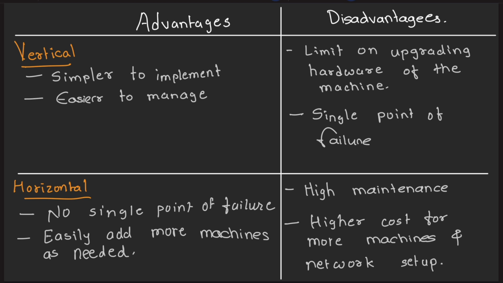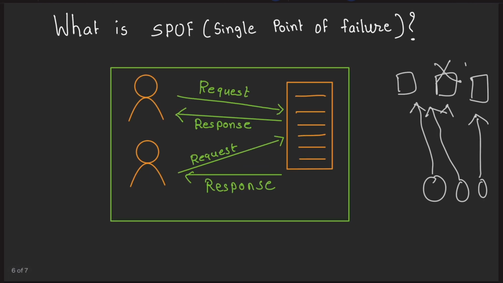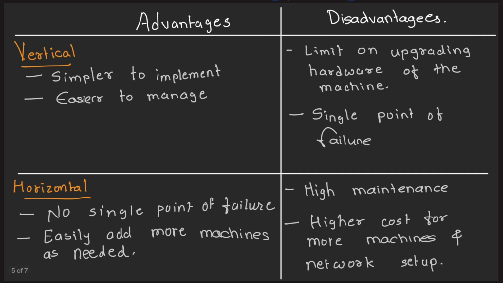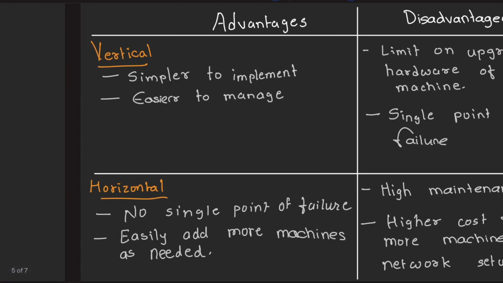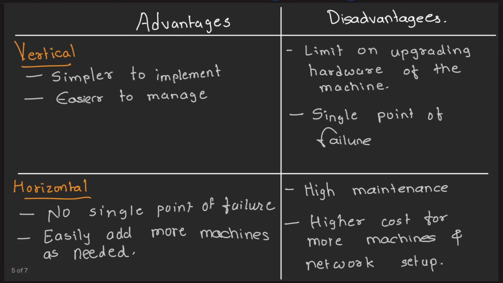Now let's see where we can use vertical scaling and where we can use horizontal scaling in system design, right? Both scaling methods have their place, and knowing when to use vertical and horizontal scaling is crucial for system design. Think about what you are trying to achieve.